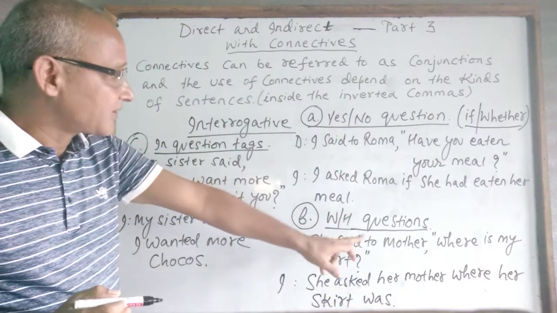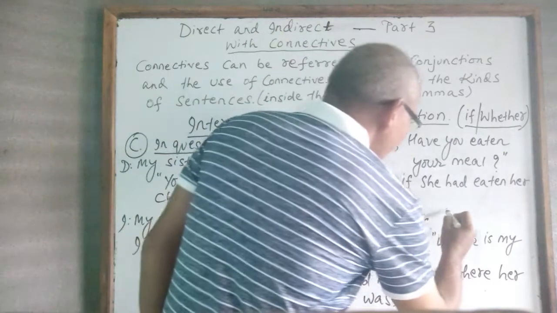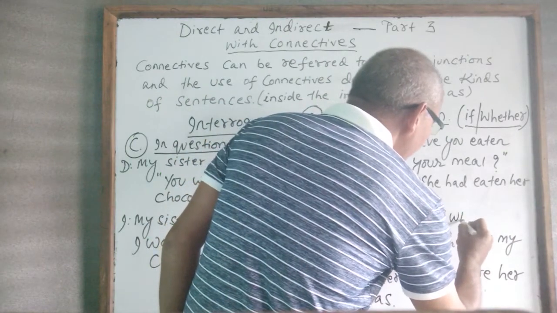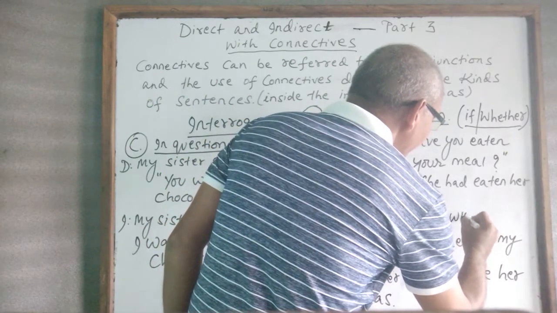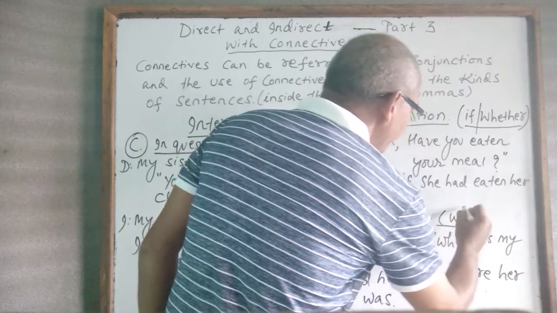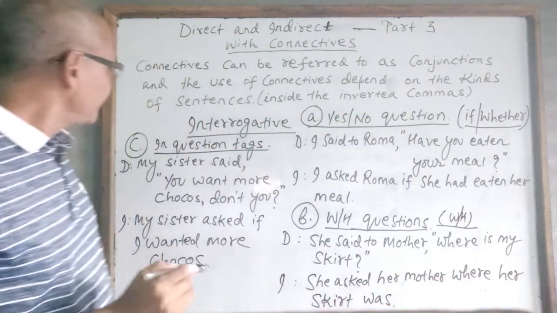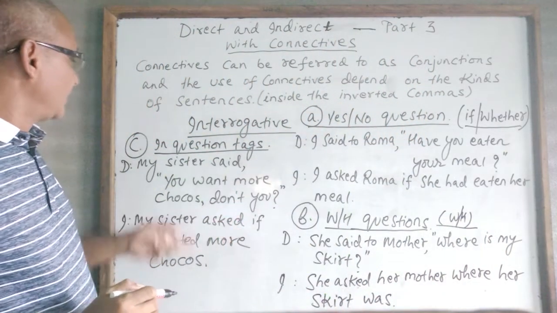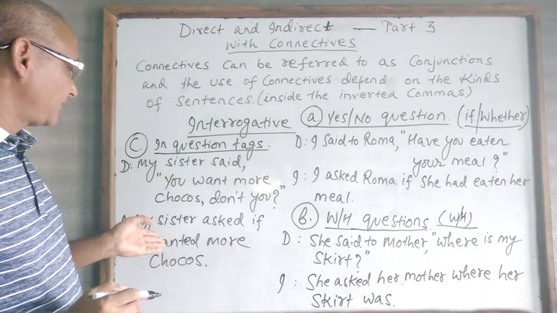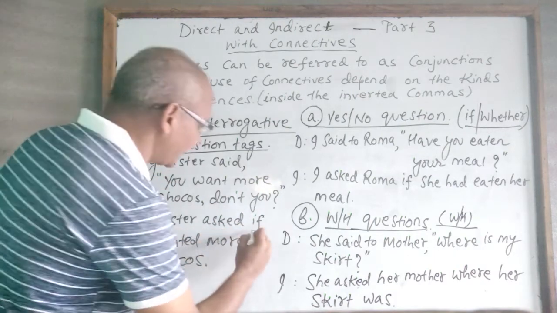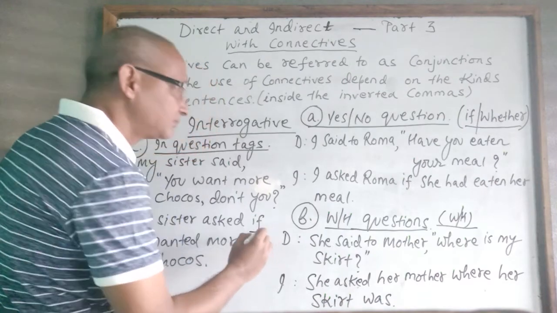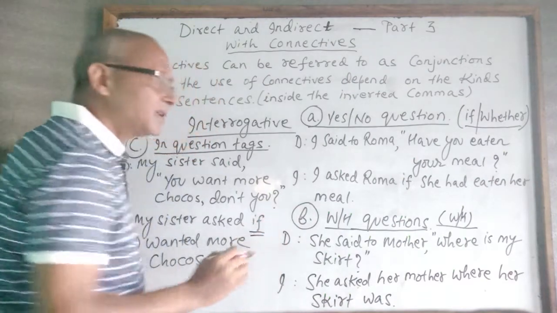In a WH question, we use the connectives with WH. And in question tags, we just use if.